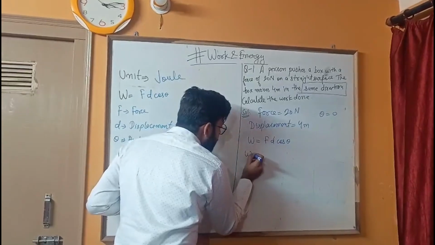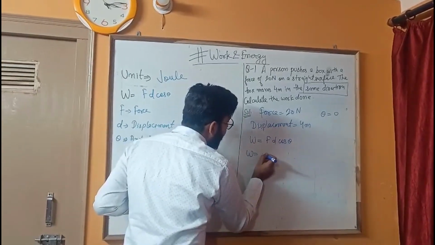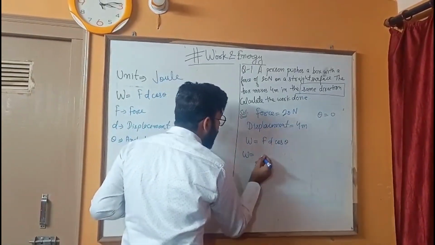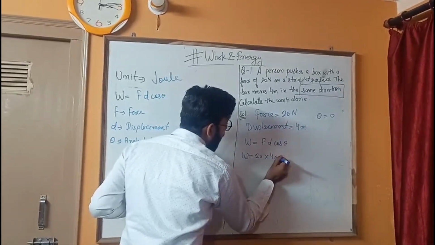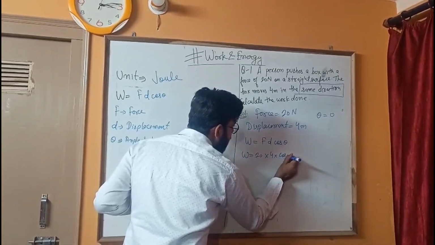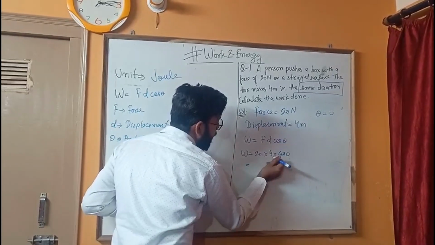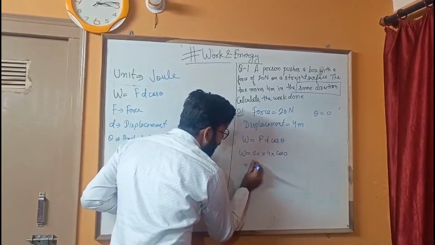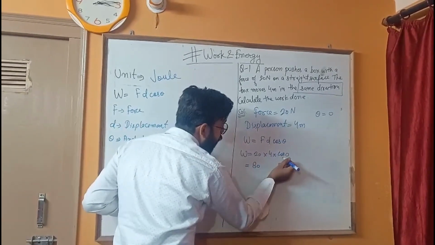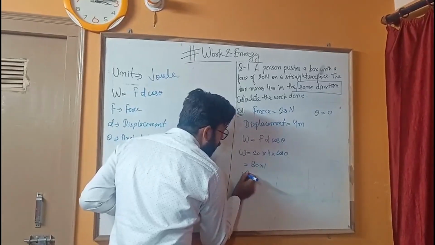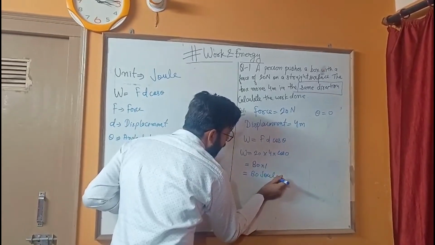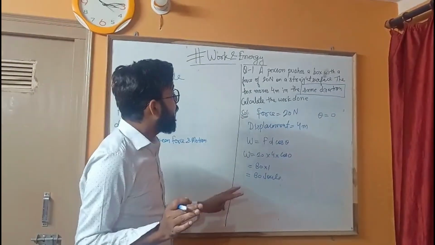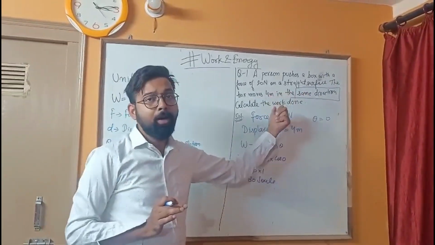So W is equal to F, which is 20 Newton, times D, that is 4, times cos 0. 20 times 4 is 80, and cos 0 is 1. So 80 times 1 will be 80, and the unit is joule. This is how we can calculate the work done in this particular question.